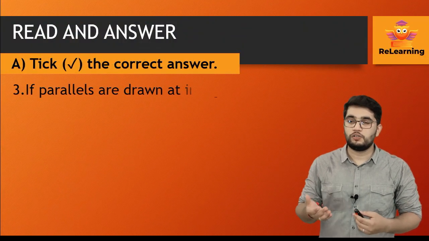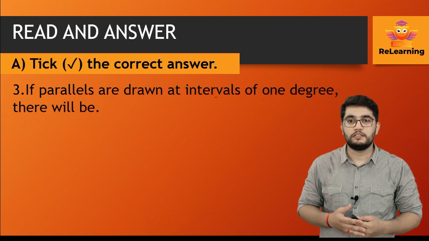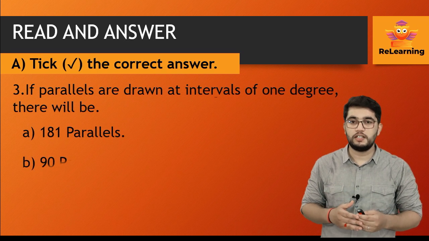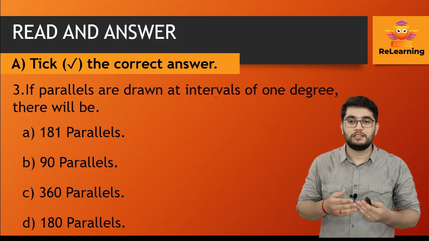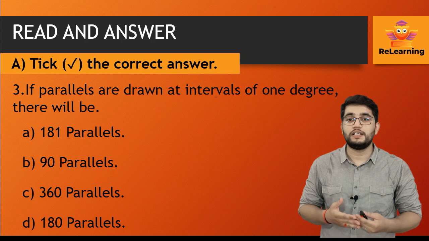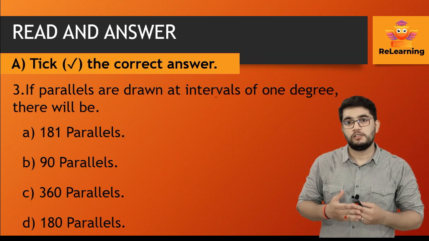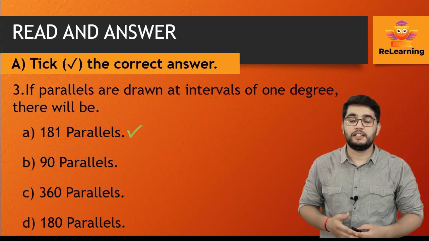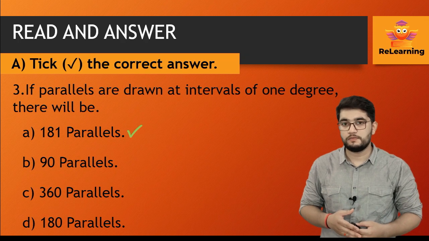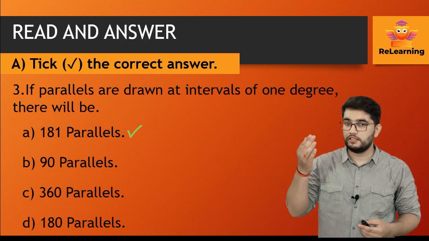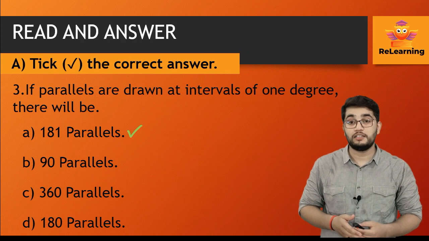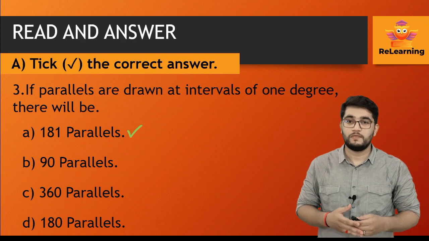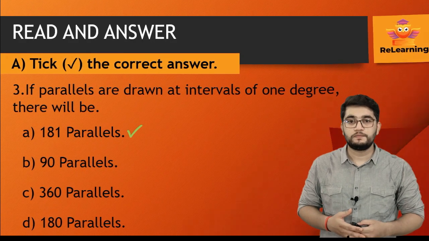If parallels are drawn at interval of 1 degree, there will be, options are 181 parallels, 90 parallels, 360 parallels or 180 parallels. So the correct answer is 181 parallels. Okay, 90 parallels in the northern hemisphere, 90 parallels in the southern hemisphere, and the one is equator. Let's see the next one.